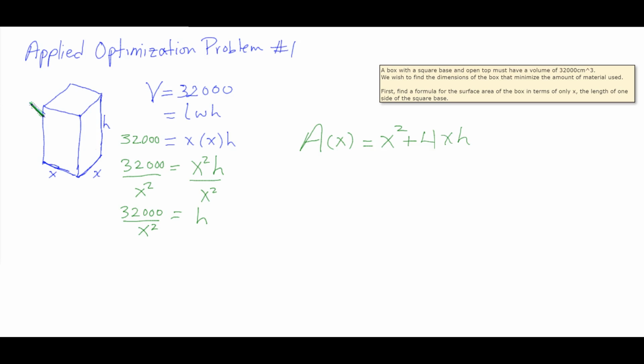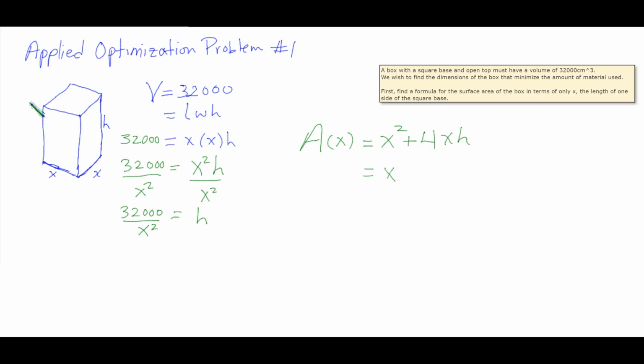All right, well, the problem with this function is that we want everything written in terms of x, and I still have an h there. But if you go back to our formula before, we can represent h in terms of x.